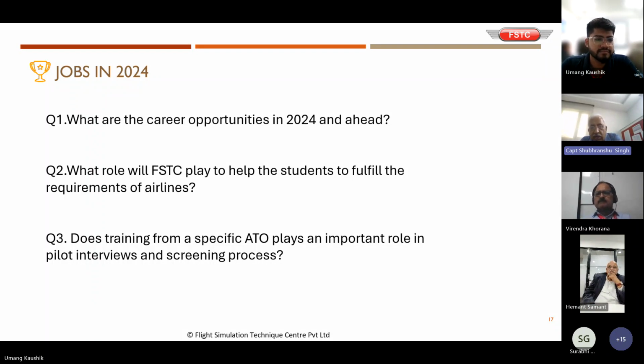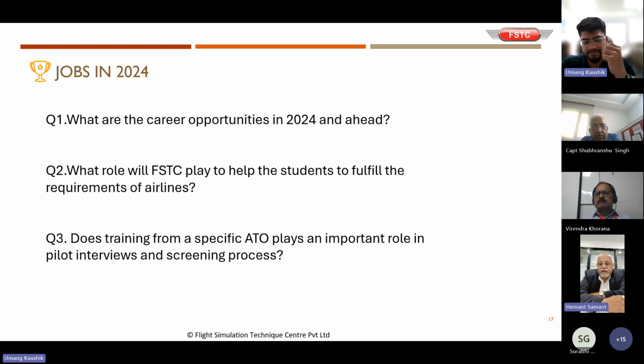Okay, Umang, I will continue with it. Take on from here. Yes, sir. I could add a few words, unless Captain Subhranshu has covered this, because I was away on a phone call. Presently, I am in Hyderabad on an assignment for Captain's Command Upgrade for Vistara Airline.